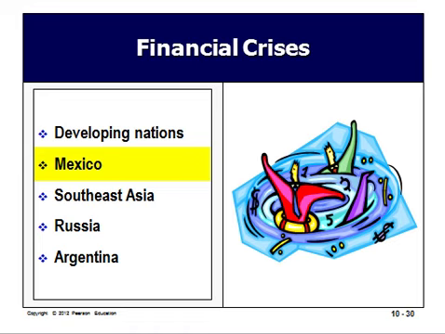The IMF and private commercial banks in the United States provided about $50 billion in loans to shore up Mexico's economy. Mexico repaid the loans ahead of schedule and once again has a sizable reserve of foreign exchange.